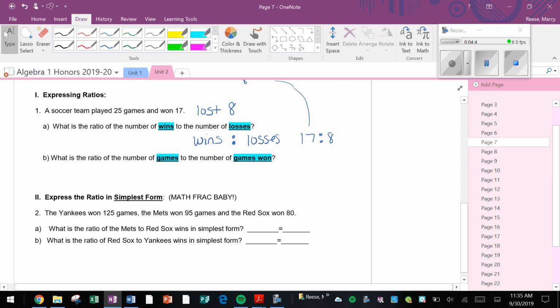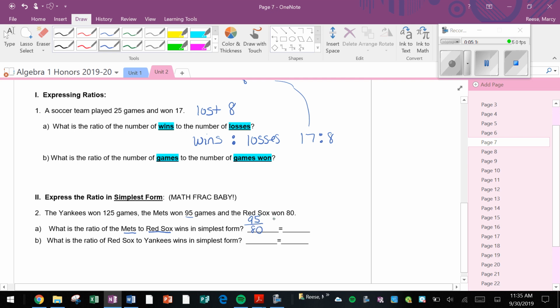Okay, the second example is the Yankees won 125 games, the Mets won 95 games, and the Red Sox won 80. All right, so I want to do this one as a fraction because I told you we use this fraction form the most. So what is the ratio of Mets to Red Sox wins? Mets to Red Sox wins. Okay, Mets go first. Goes on the numerator. 95. Red Sox wins is 80.